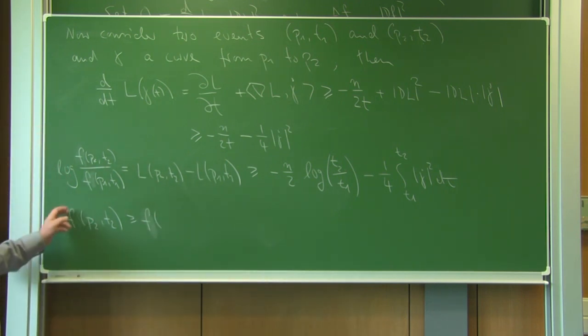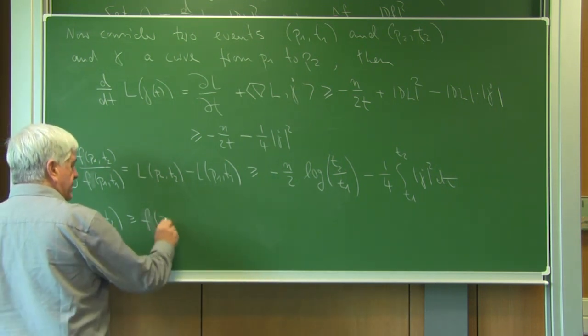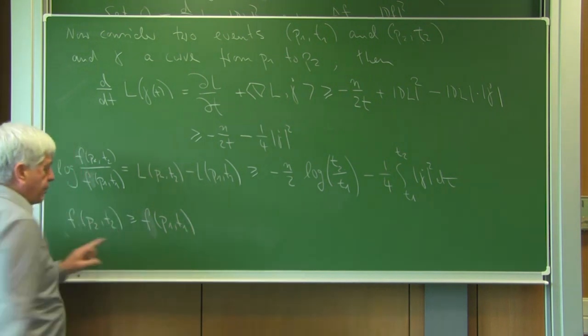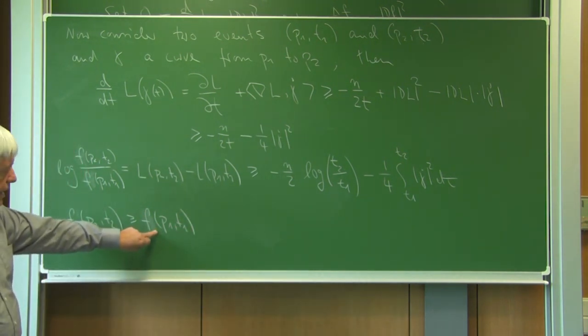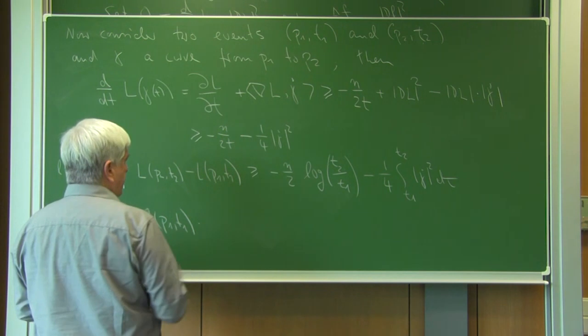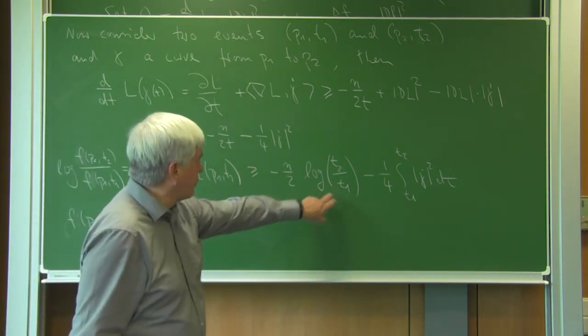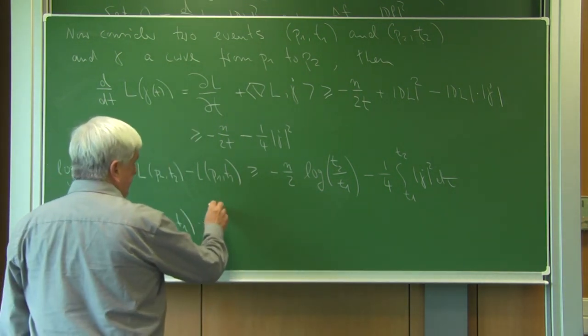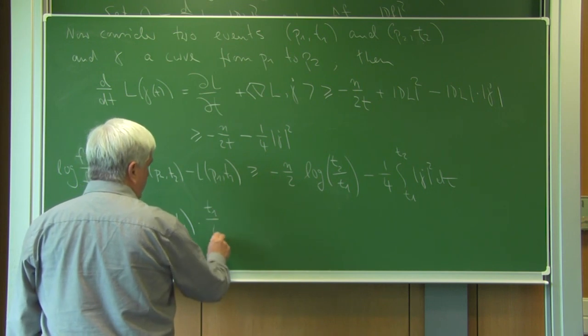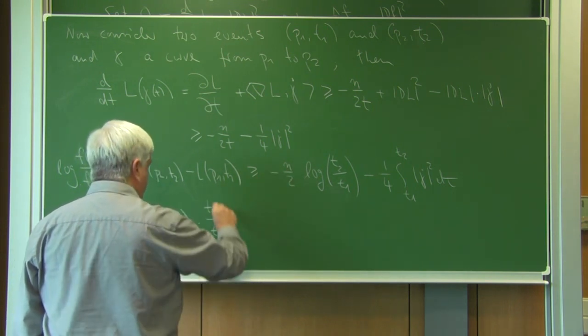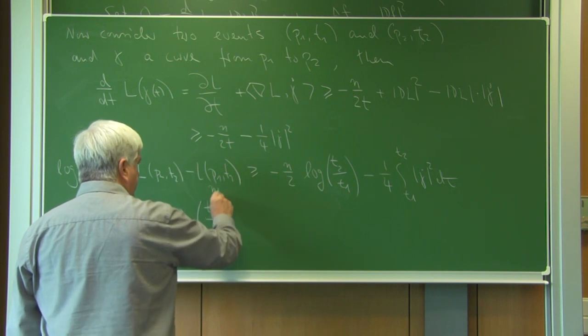A positive solution of the heat equation at the later time is bounded below by the solution at the earlier time times T1 over T2, because of the minus sign, to the power n over 2.